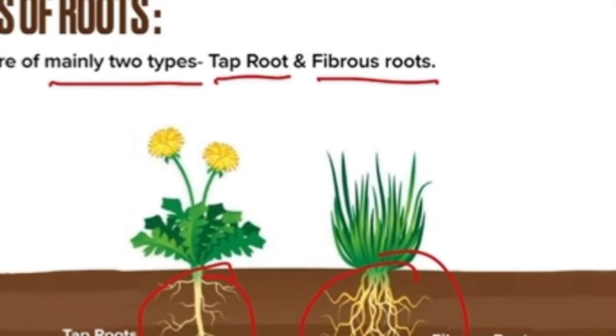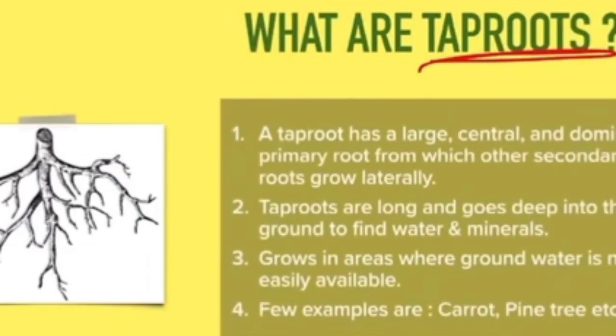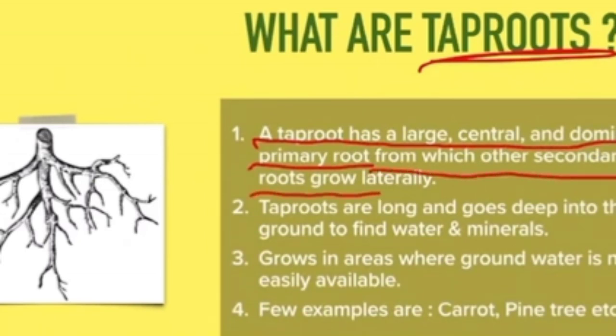Now here I am going to show you a diagram of a taproot. The first point in a taproot is that a taproot has a large central and dominant primary root from which the other secondary roots grow laterally. Laterally means sideways.